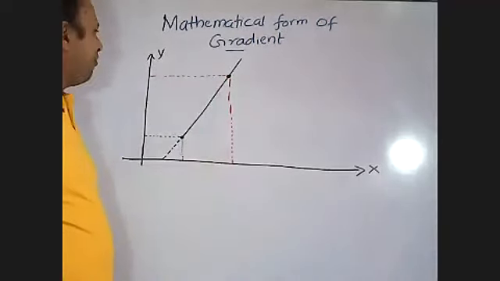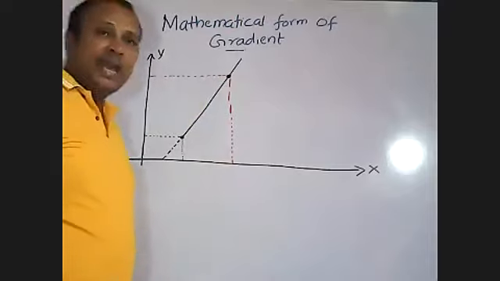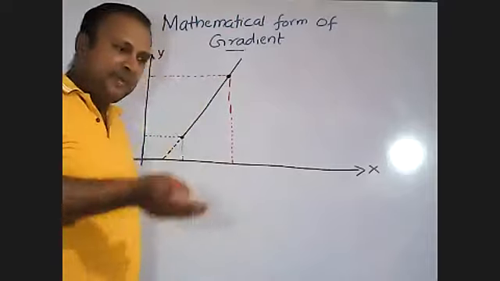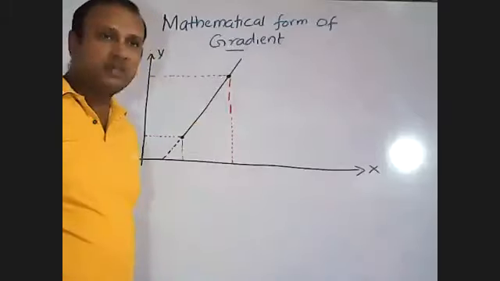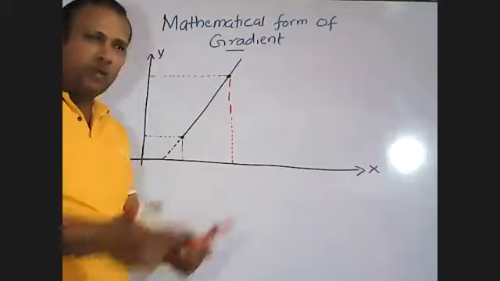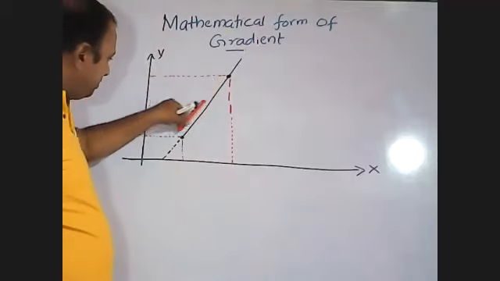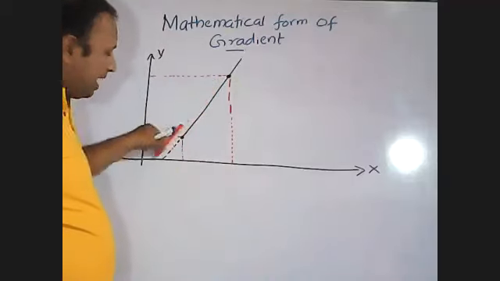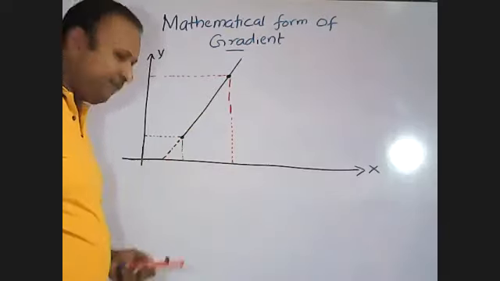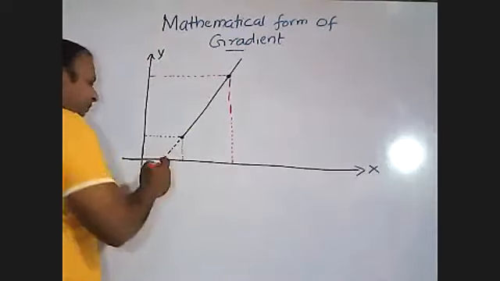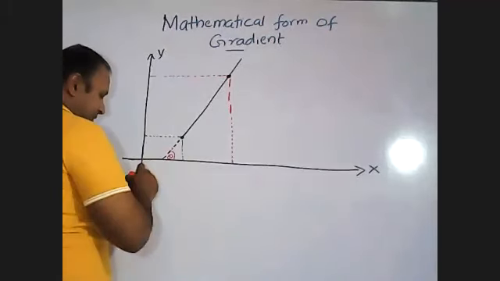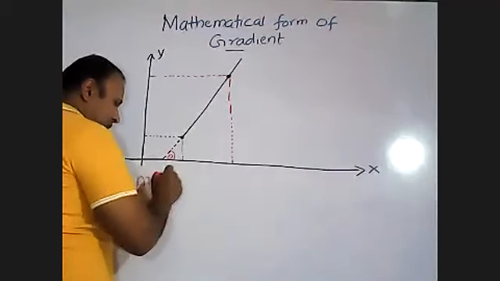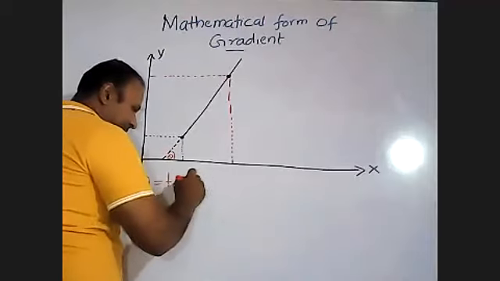Okay. Therefore, the angle between the tangent and the positive x direction is equal to the angle between this line and the positive x direction. Therefore, if it is theta, the gradient is equal to tan theta.